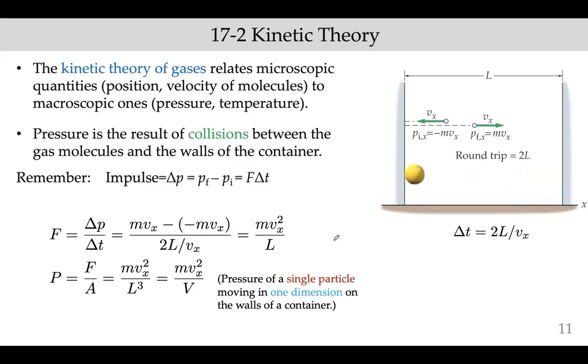So the field that relates the individual molecules' movements to the thermodynamical quantities like temperature and pressure is called kinetic theory of gases. It relates microscopic quantities like position and velocity of molecules to macroscopic ones, the thermodynamic variables like pressure and temperature.